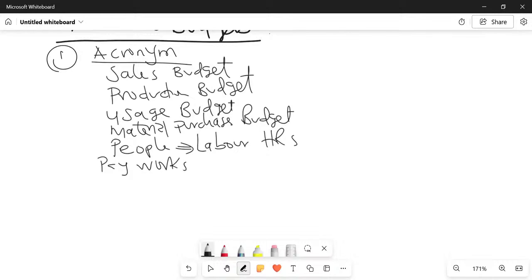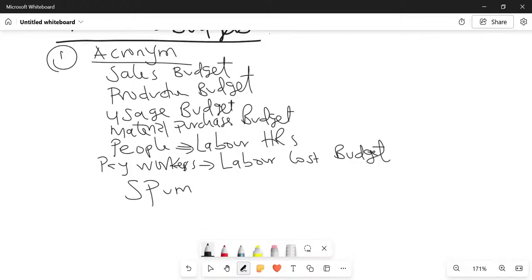So basically, you give us a labor cost budget. It's a very, very important acronym that I've used for so many years. The concept of SPAMP, and then you pay your workers.